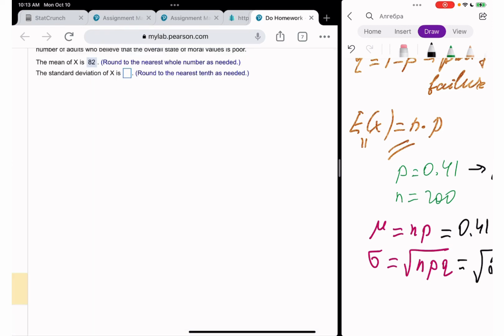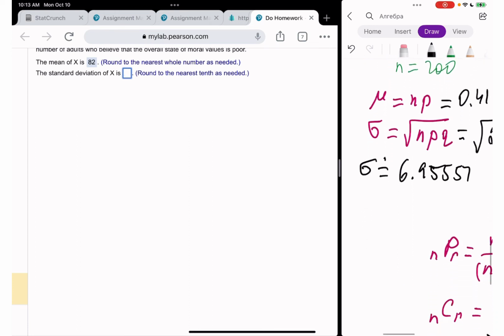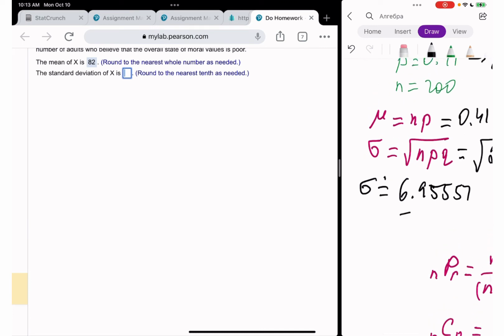Okay, and now standard deviation rounded to the nearest tenth, so it's going to be 7.0, because I got sigma after square root 6.95557 blah blah blah, so to the tenth it's going to be 7.0.